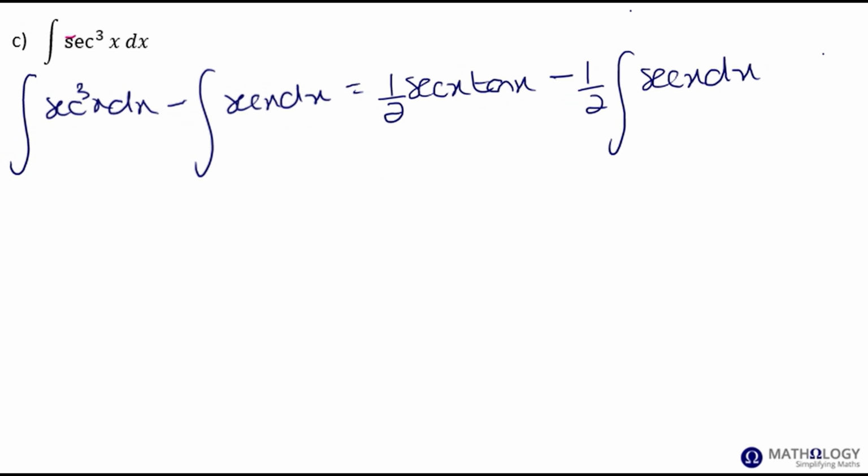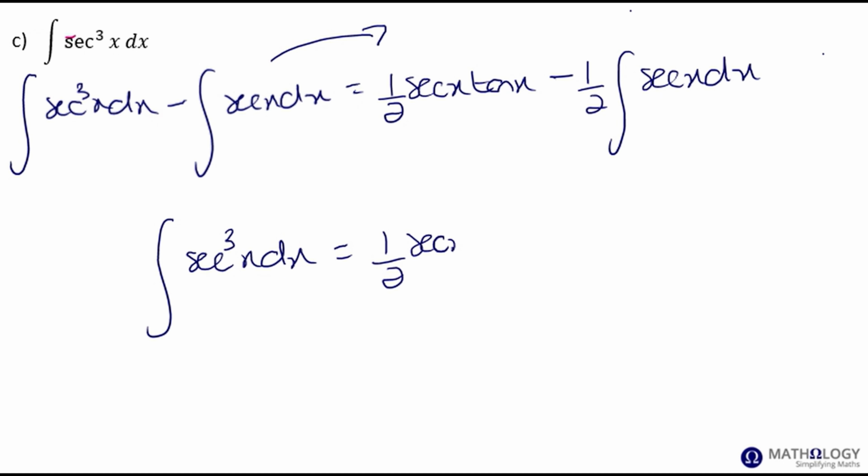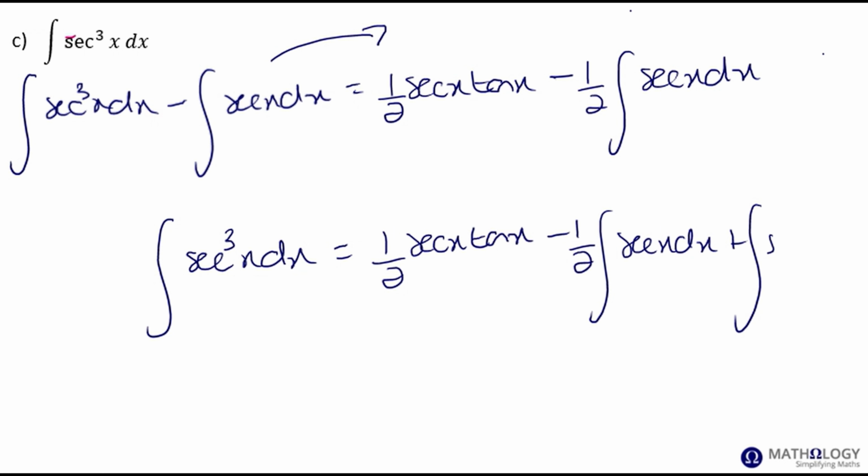Okay, the reason I left this integral on the right, the integral of sec x alone, was because we got this term on the left as well. So the integral of sec cubed x dx, adding the integral of sec x dx on both sides of the equation, gives us a half sec x tan x minus a half the integral of sec x dx plus the integral of sec x dx.